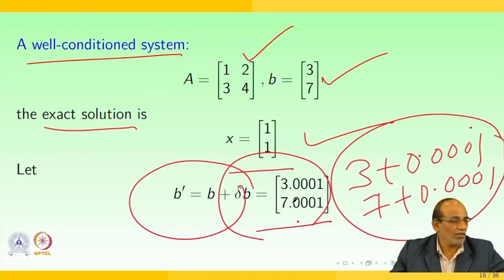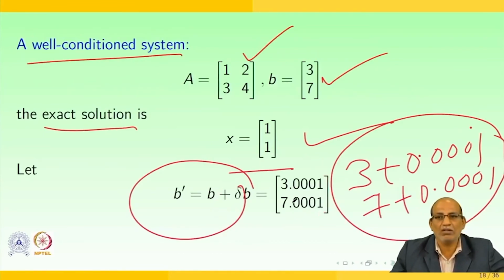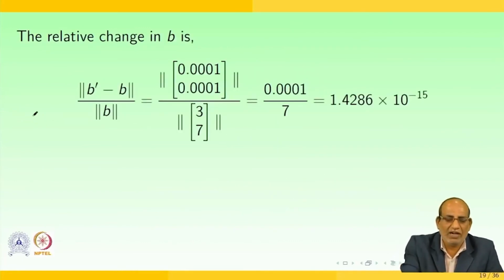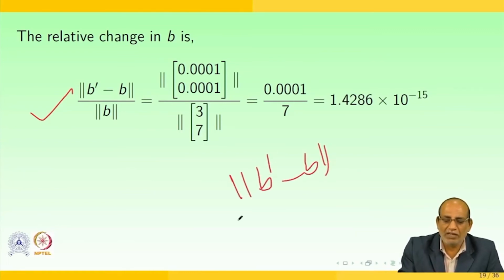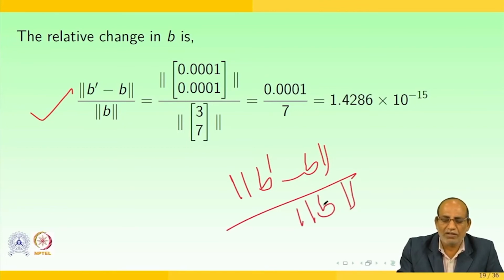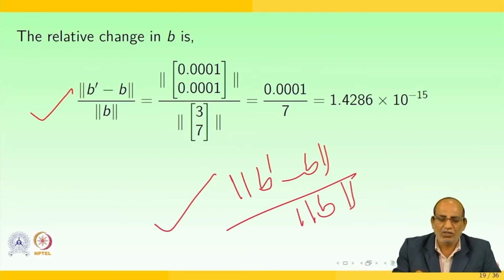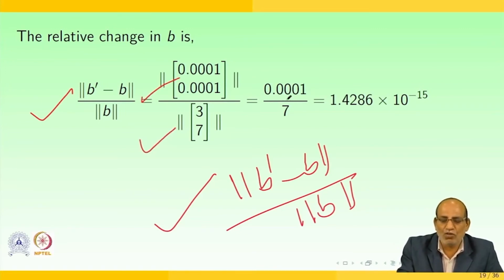Well, look at the relative change in B. What is the relative change in B? The relative change in B is the norm of B prime minus B upon the norm of B. If we compute this, it turns out to be 0.0001 upon the norm of 3, 7. The maximum value is 7.